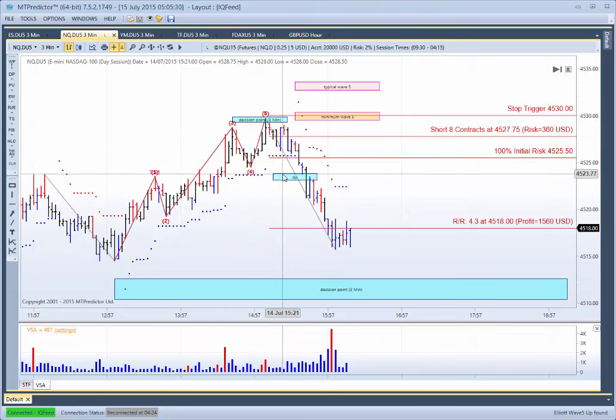So I think this has been a good example to show how once you become experienced with the MTPredictor software program and the techniques we teach, how you can combine various techniques to be able to uncover some nice trade setups.